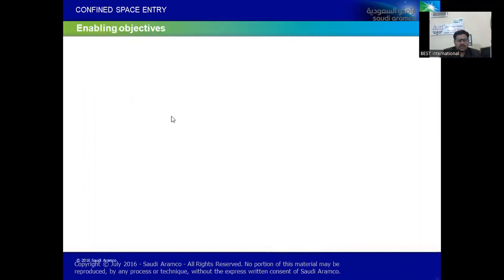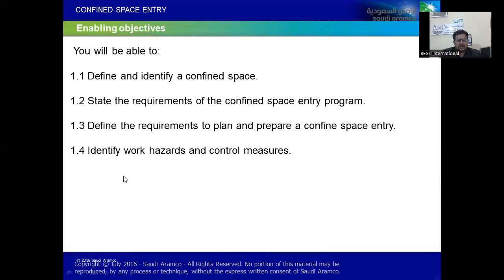A few of the objectives: we have to be capable of defining and identifying a confined space, what the requirements of the CSE program are, and I call it a master plan as well, how we are going to define the requirements to plan and prepare a confined space entry, and number 4 is identify work hazards and control measures.